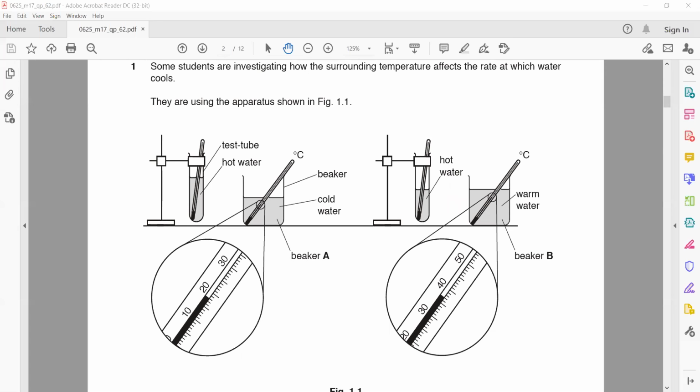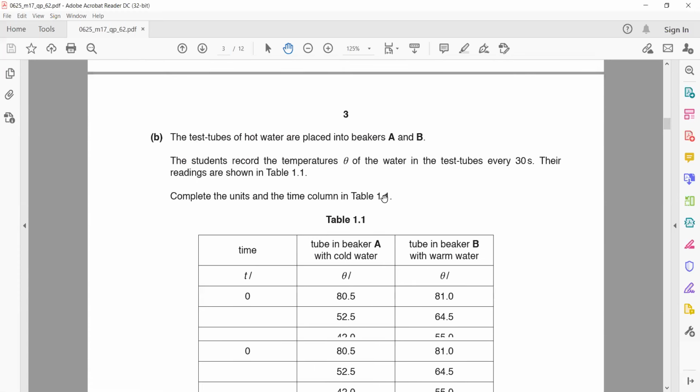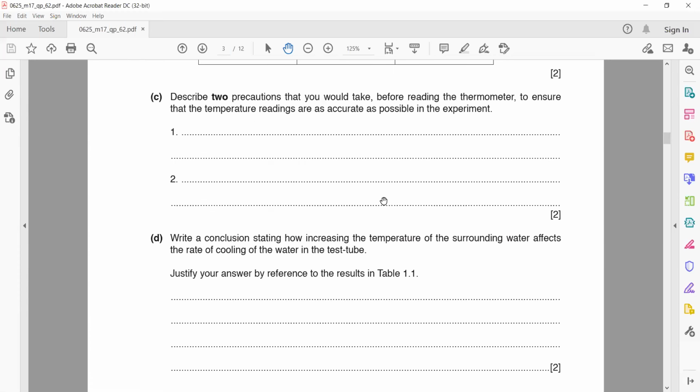We should look perpendicular to avoid a parallax error. That is one thing.